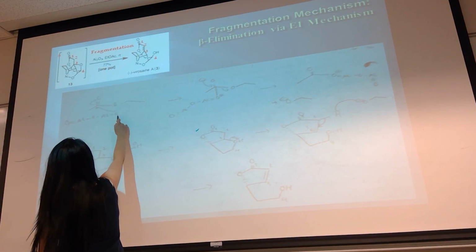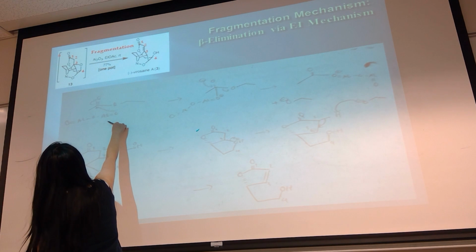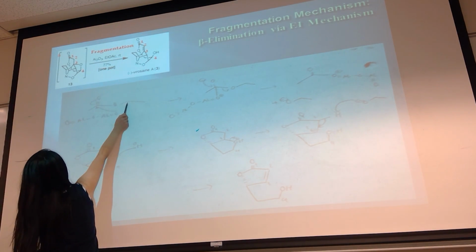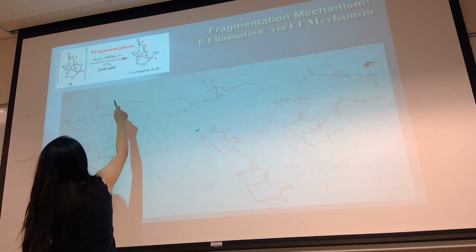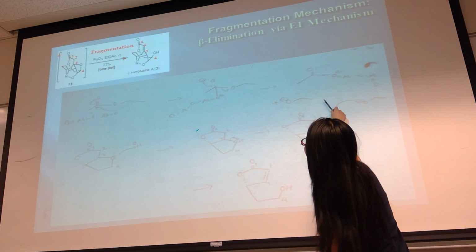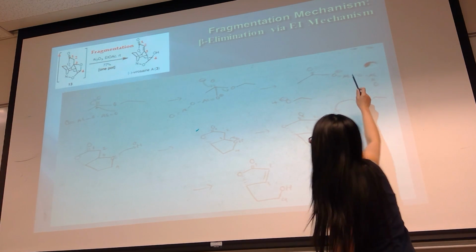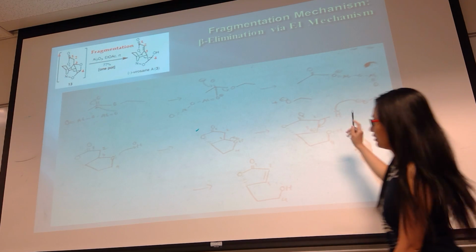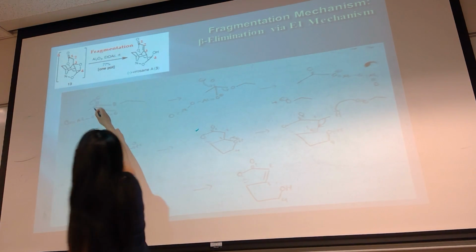So the oxygen of aluminum oxide will attack the carbonyl group of the ester, and then make the alkoxide leave. So this alkoxide is a nucleophile and will join the reaction later.